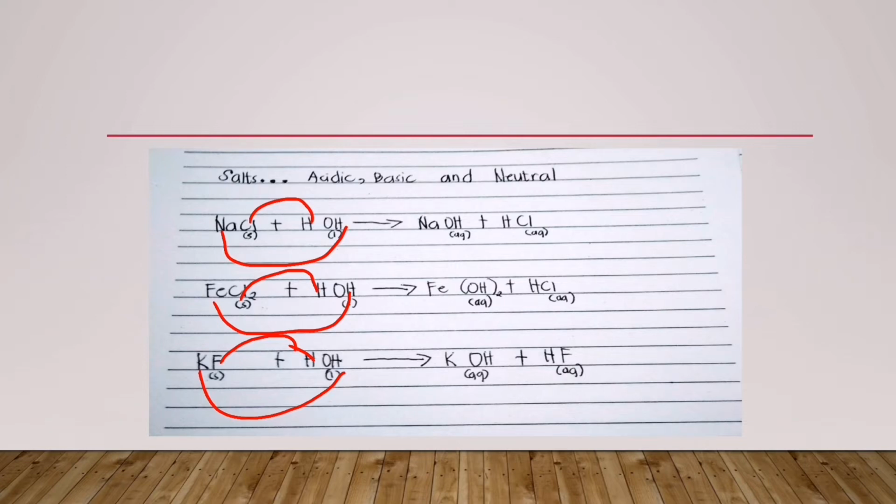The sodium hydroxide plus the hydrogen chloride, and in the second equation the iron hydroxide and the hydrochloride, and in the third equation the potassium hydroxide and the hydrogen fluoride.